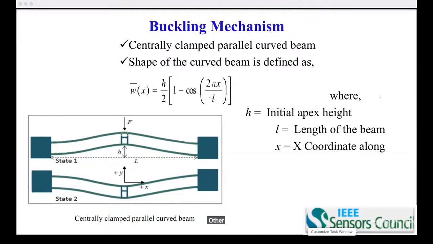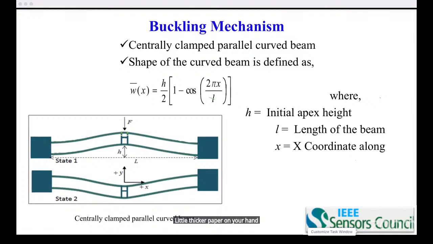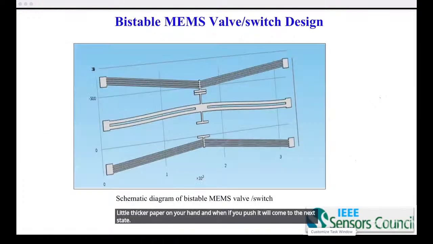It might take different modal shapes. But if the design is perfect, a push on the top will bring it to the next state. You can imagine holding a slightly thick paper folded at both ends in your hand, and when you push, it comes to the next state. Something similar to that.